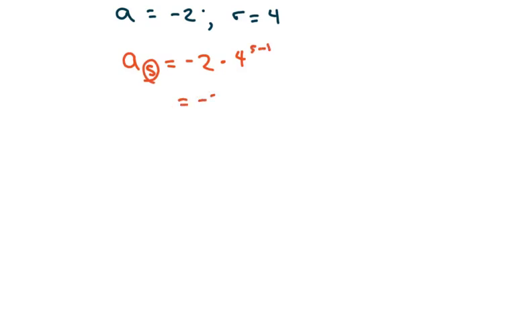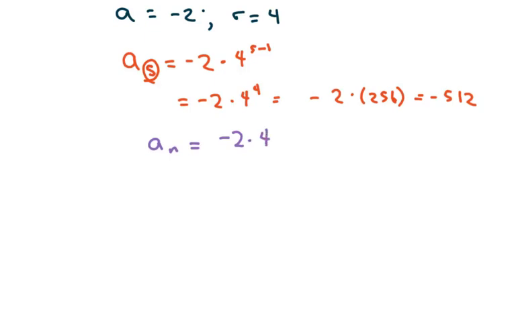So that's going to be negative 2 times 4 to the 4th, and that's going to be negative 2 times 256, which equals negative 512. And then for your nth term, we're just going to write a sub n equals negative 2 times 4 to the n minus 1.